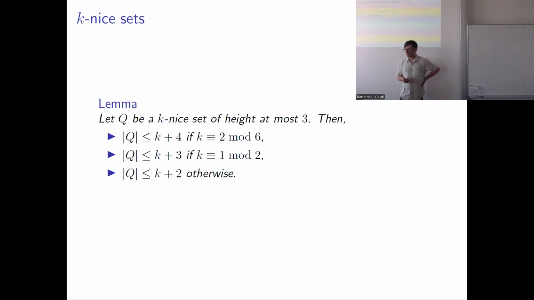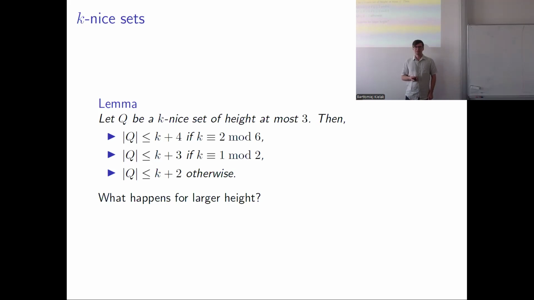And this is basically the best we can do if we consider k-nice sets of height at most 3. This lemma can be proven using an elementary approach, but it is pretty messy because you need to consider many different cases. This k congruent to 2 modulo 6 should give you an idea that something is really going on, and you need to be really careful when doing any considerations here.